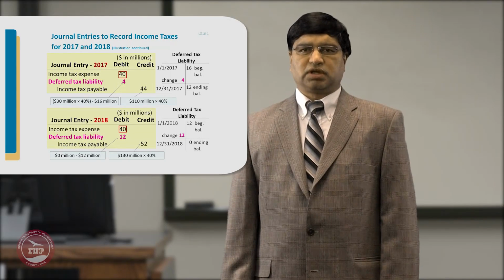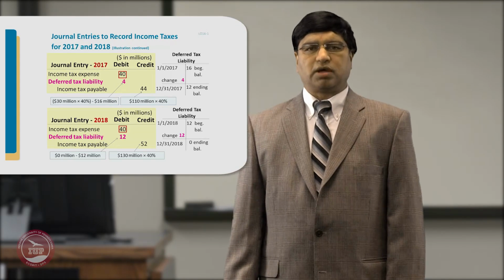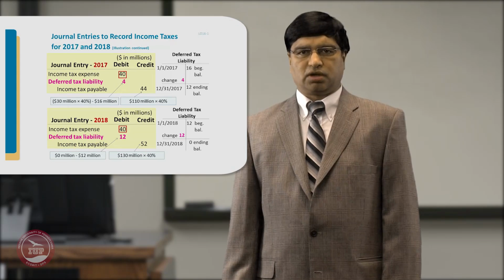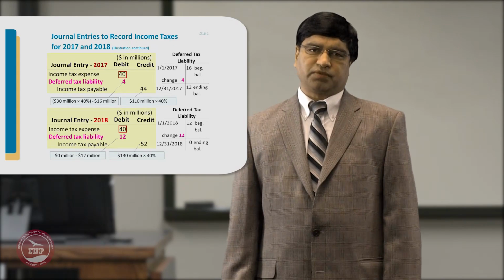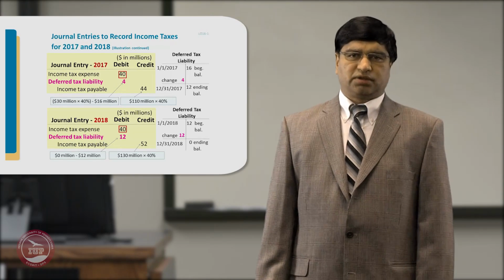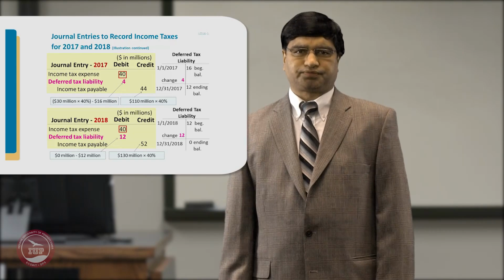So in this case, there is income that is going to be recognized in the future, so the liability of tax payment on $10 million and $30 million is transferred to the future. On the $10 million at 40%, you'll be paying $4 million, and on $30 million, you'll be paying about $12 million later on.